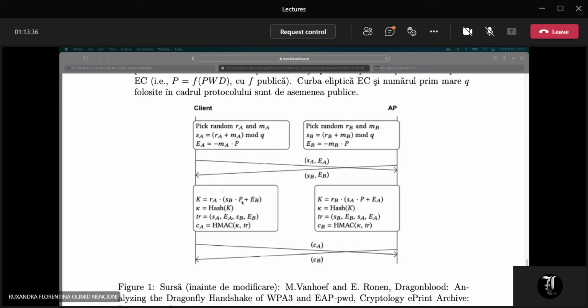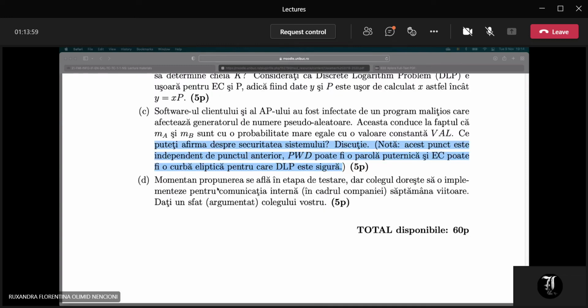First, that I realize this happens because MA and MB are the same means EA and EB are the same. And then when EA and EB are the same, because MA and MB are the same, and because at the first point I computed K depending on those, I realized I can have the same key over and over again that is used. Okay, so that is very good.